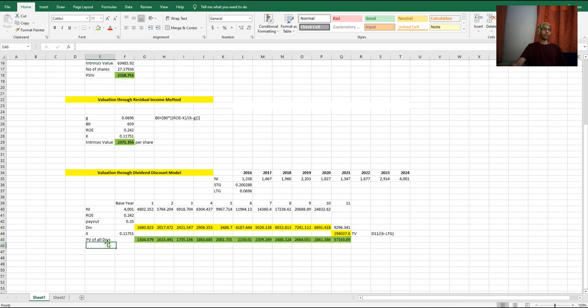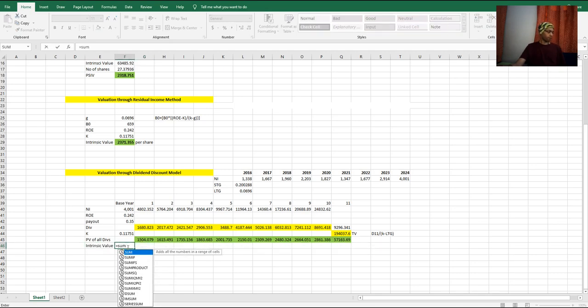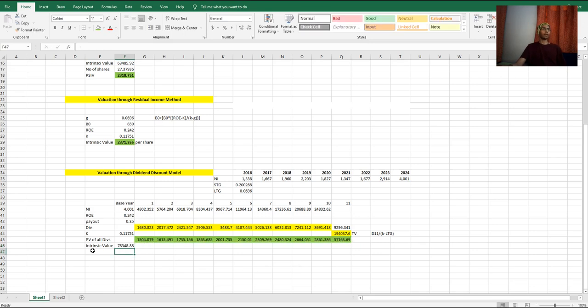Now the intrinsic value can be calculated easily by summing them up. This is equal to sum of all these numbers. So it is coming to 78,348.